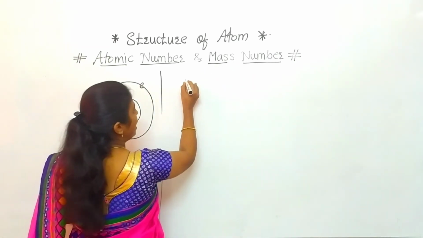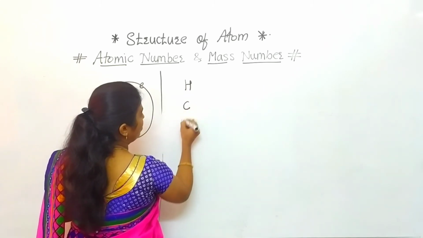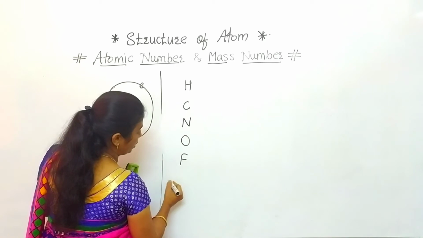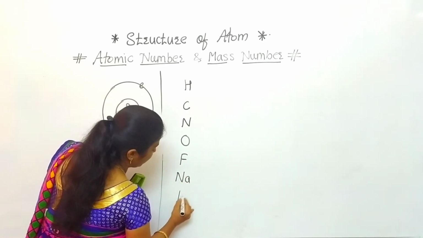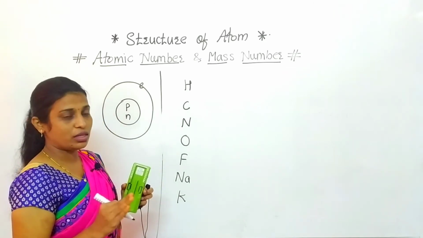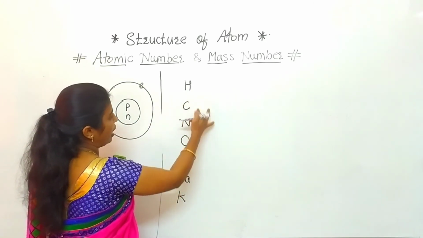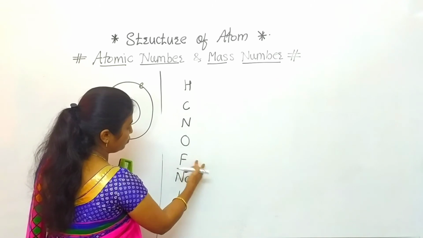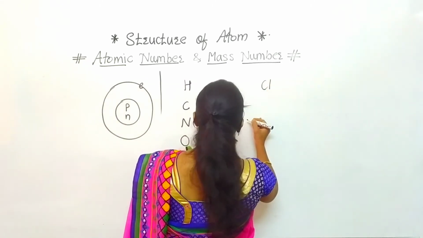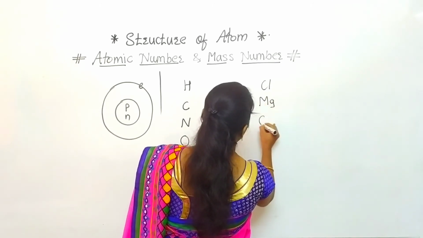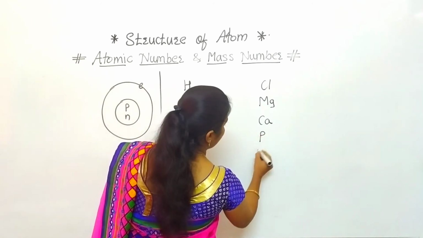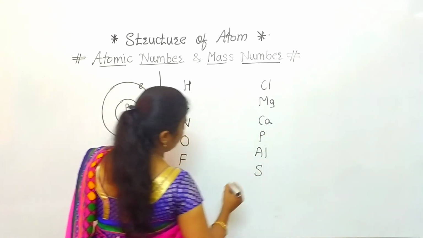For example, hydrogen, carbon, nitrogen, oxygen, fluorine, sodium, potassium. Those elements should be known to us, I am telling you. After that chlorine should be known to us, magnesium, calcium, phosphorus, aluminium, sulfur.